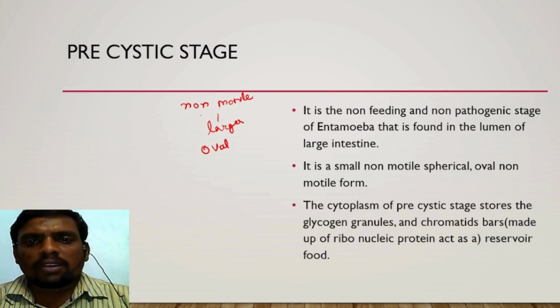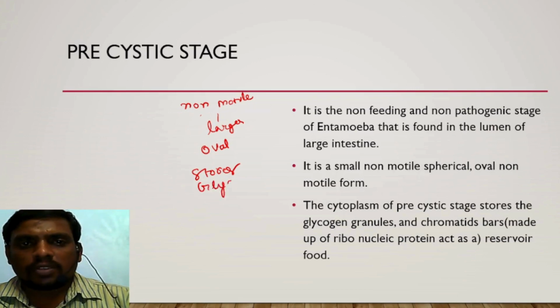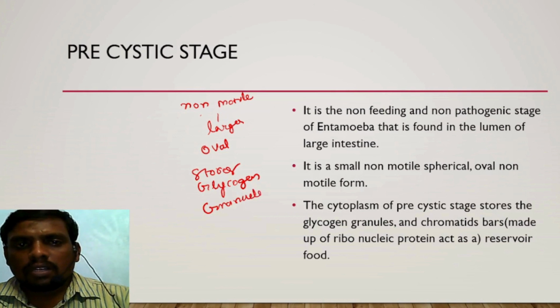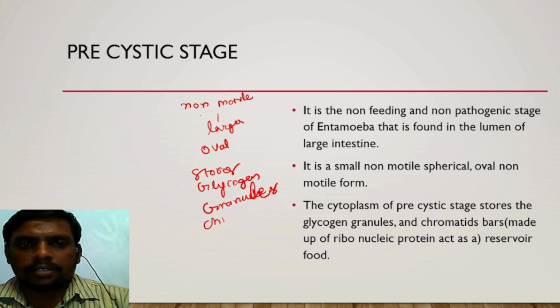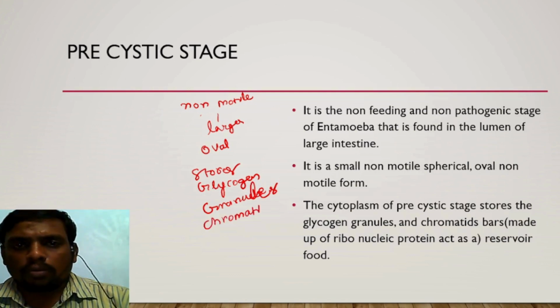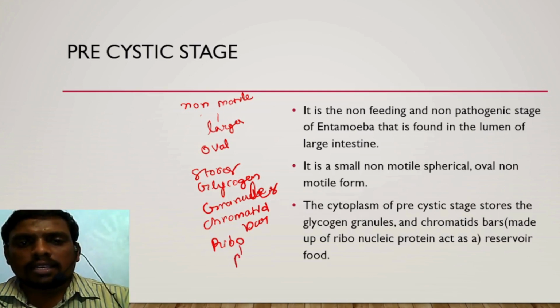The cytoplasm of this structure stores glycogen granules, diagram I will show you in the next slide, and chromatid bars. What are they? Chromatid bars are made up of ribonucleoproteins. These ribonucleoproteins act as a reservoir for food.